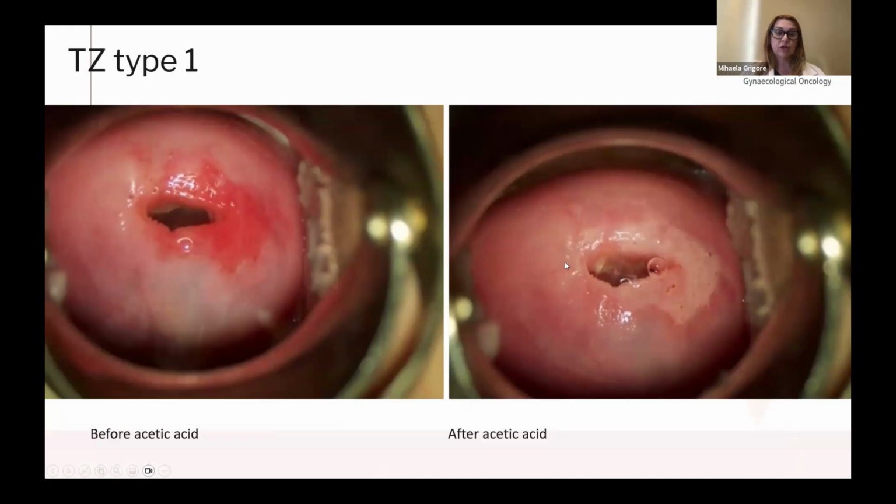I need to mention that sometimes it's difficult to see the entire original squamocolumnar junction, but because of the gland opening, the crypt opening, and the Nabothian cyst, we can guess where this original squamocolumnar junction was.